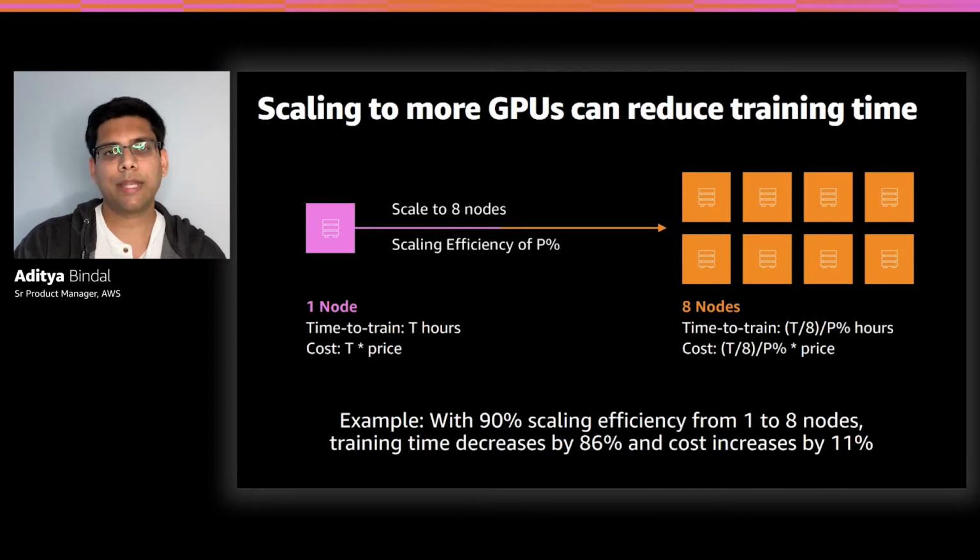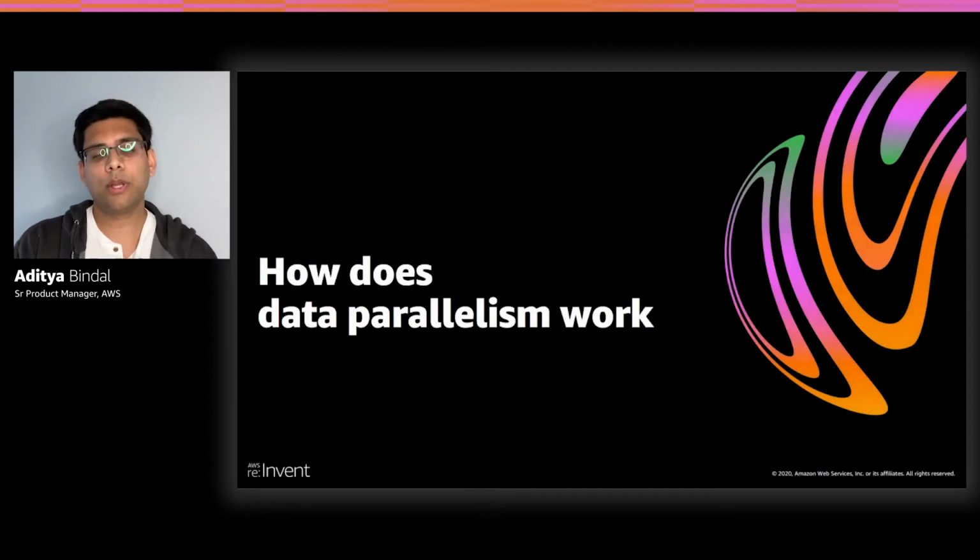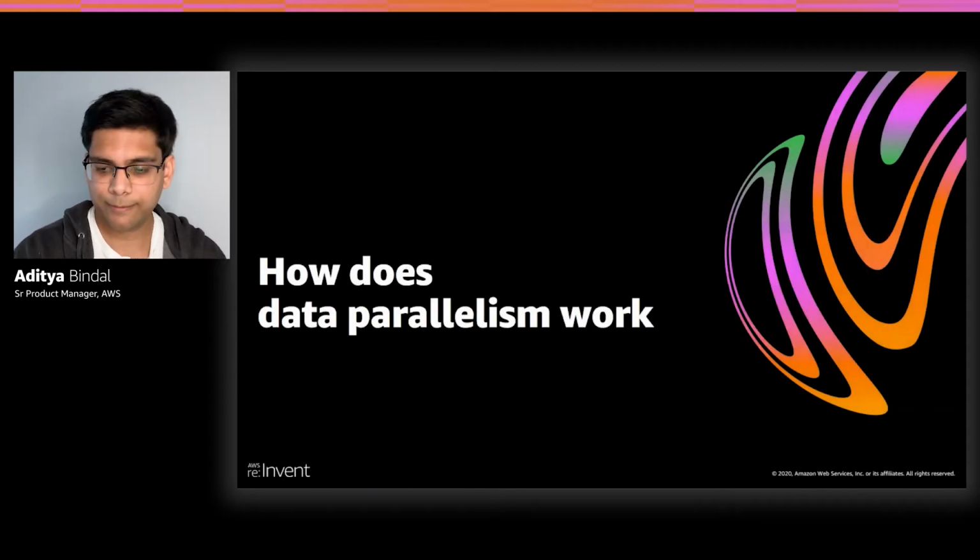So with a higher scaling efficiency, you don't have a trade-off between the training cost and the training time. When your scaling efficiency is low, you have a trade-off between cost and time. A key challenge for developers doing multi-node, distributed training is making sure that scaling efficiency number is as high as possible. So let's do a quick overview of how data parallelism works.